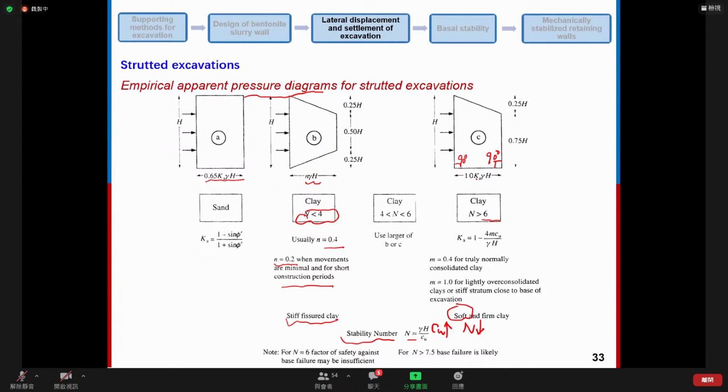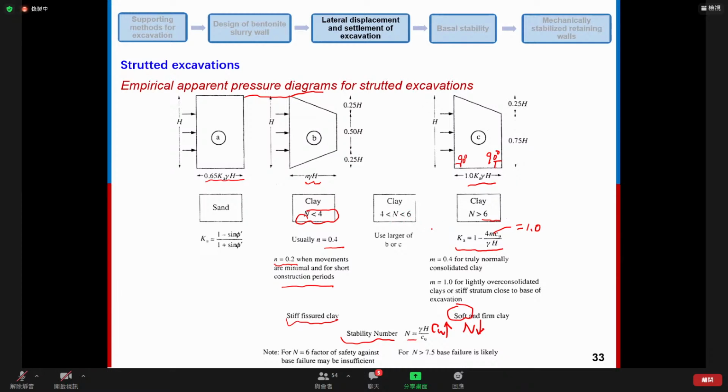The maximum intensity equals 0.1 times the active earth pressure coefficient times gamma times H. And the active earth pressure coefficient is different from what we have for sand. For clay, we have the equation for Ka. For normally consolidated clay, we choose m equal to 0.4. But for over-consolidated clay, we choose m, this value, equal to 1.